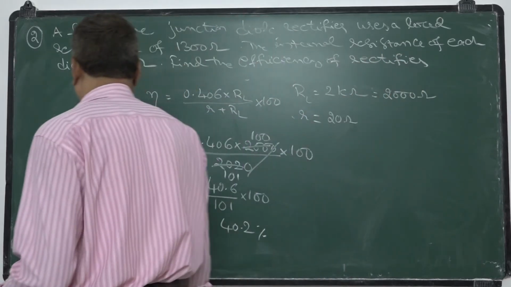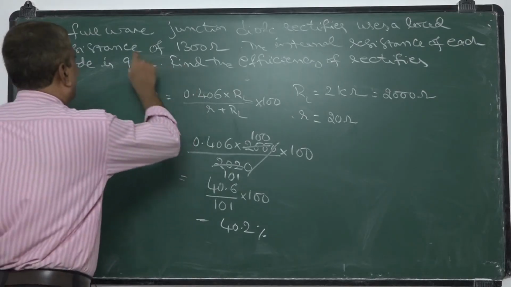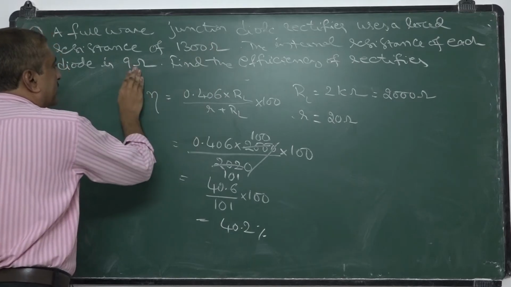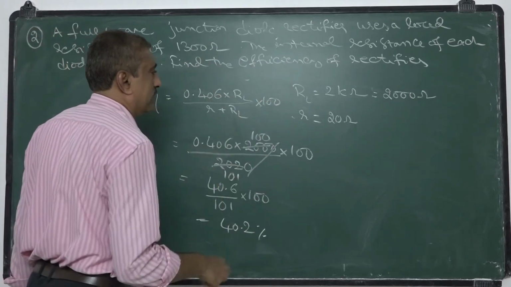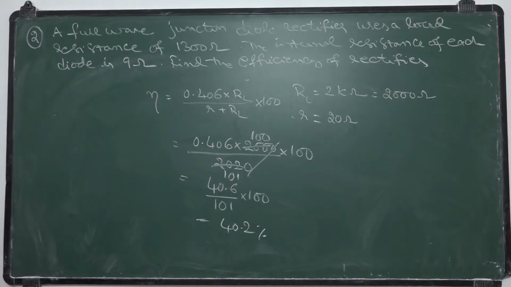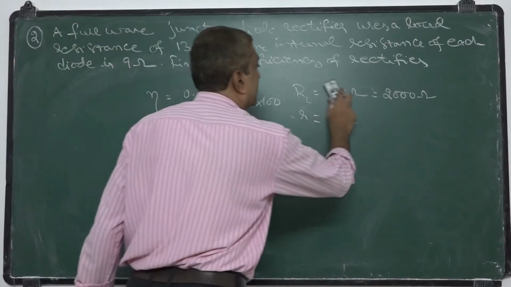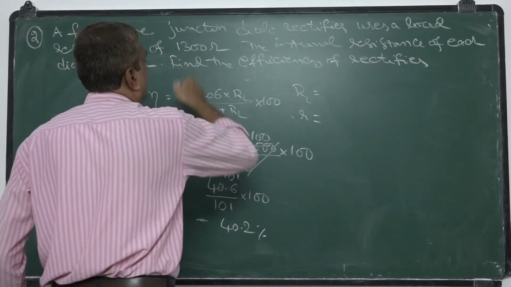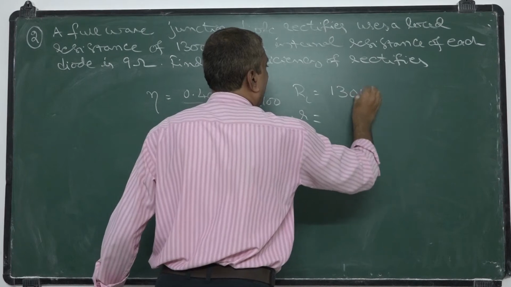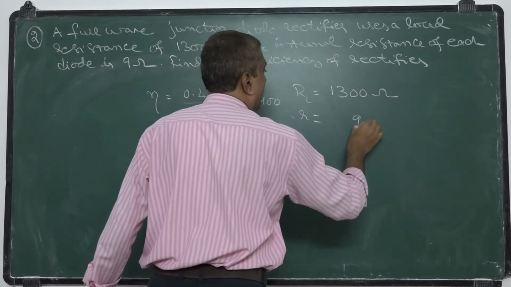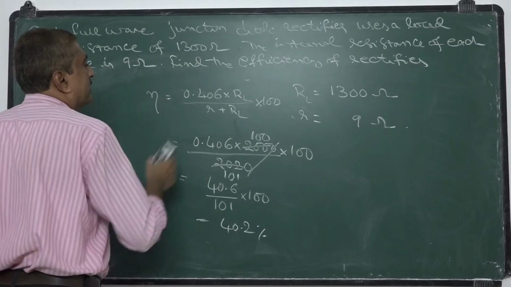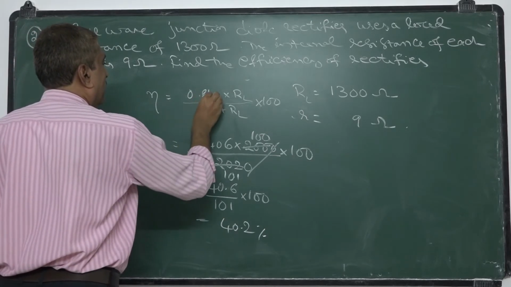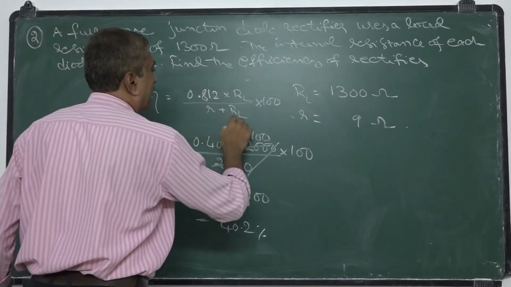So the same formula you can use. Here it is a full wave rectifier, with load resistance 1300 ohm and internal resistance 9 ohm. The efficiency is 0.812 into RL by (r plus RL) into 100.